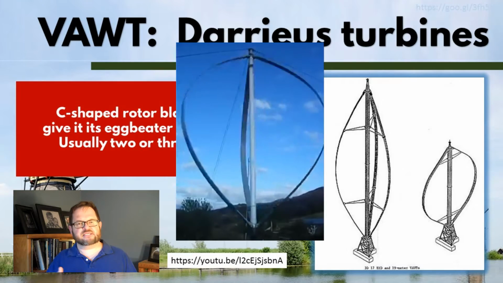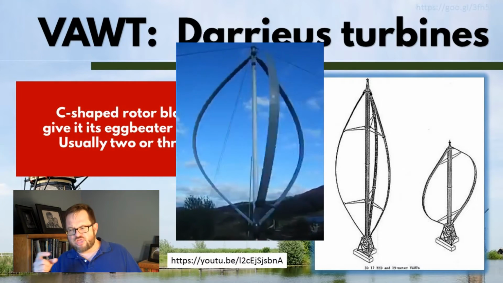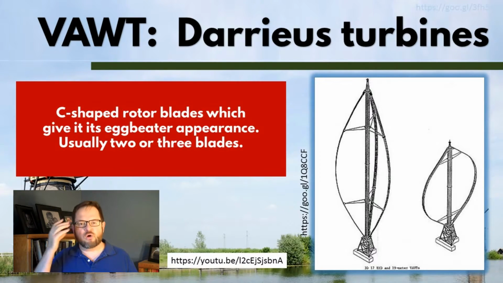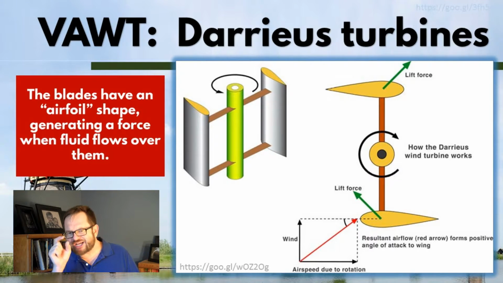And when you watch these things spin, you can see how they really get going in the wind as they blow. What's actually going on with the Darrieus wind turbine here is that those blades are shaped like an airfoil. They're shaped like the cross-section of the wing of an aircraft, and as the air flows over that airfoil, it generates lift. Well, we would say lift if it was against gravity.